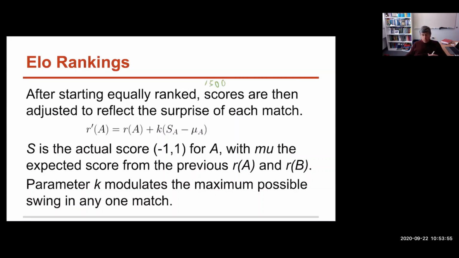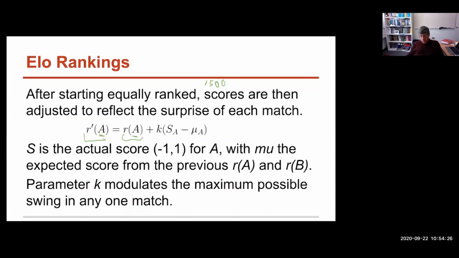Then every time we have a match, a comparison between two items, we're going to adjust the scores of the people in the comparison. The new ranking for player A is going to be the old ranking of player A plus a change depending upon what the outcome of a match is.